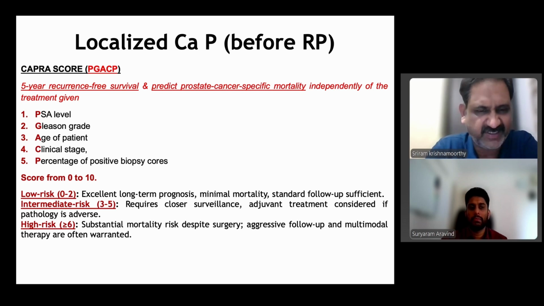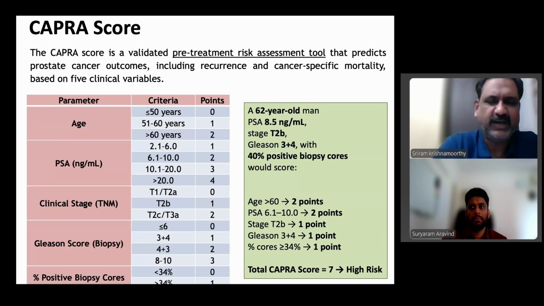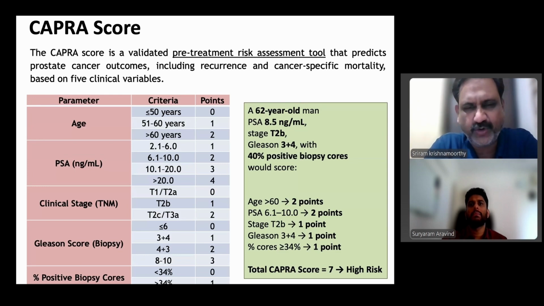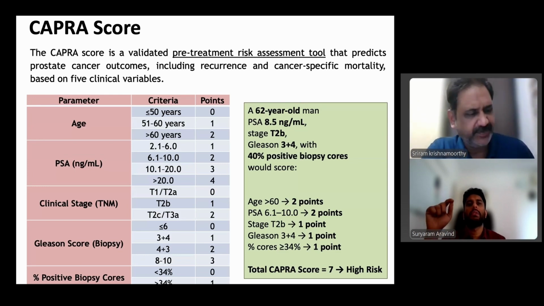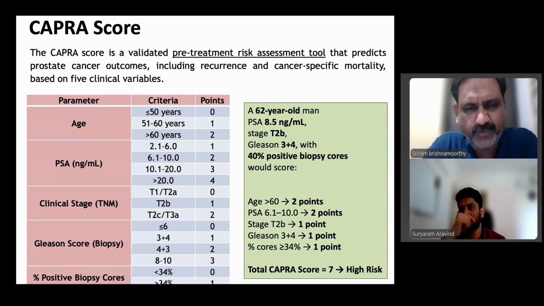Go back to the previous slide. So these are the 5 parameters which you take into consideration, PG-ACP, and each is scored. The Capra score is given from 0 to 10. Suppose you have a 60-year-old male patient, age 60 plus, with PSA 8.5, T2B, read about it.